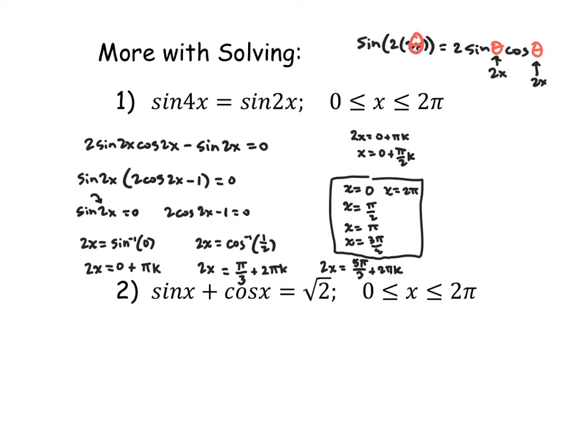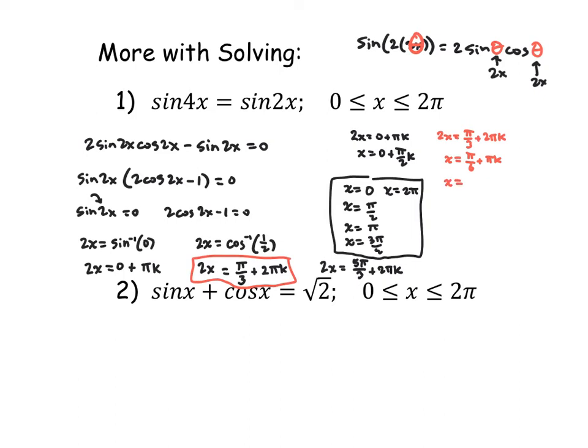Let's look at what these two would yield. Let's do this one in red. Okay, so 2x is equal to pi over 3 plus 2 pi k. All right, so that means x would equal pi over 6 plus pi k.